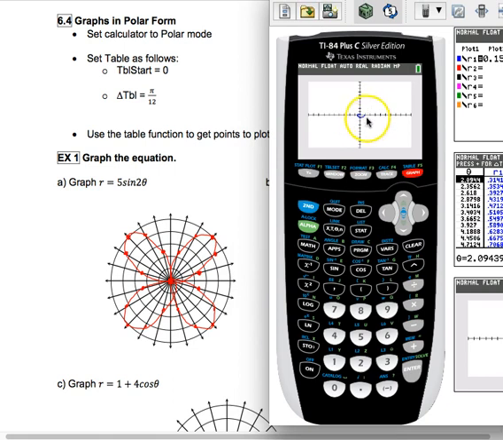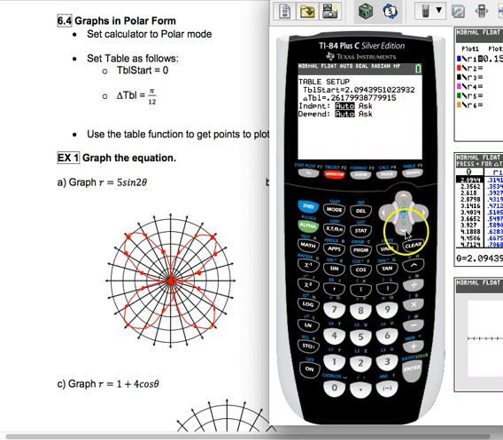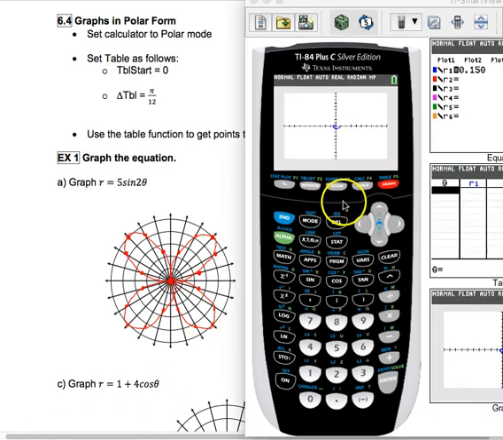And on this one, I need to probably adjust my table set because it stopped doing the graph here. So go back. So when our graph is stopping like that, what's happening, because remember that polar is based upon a theta and a radius.